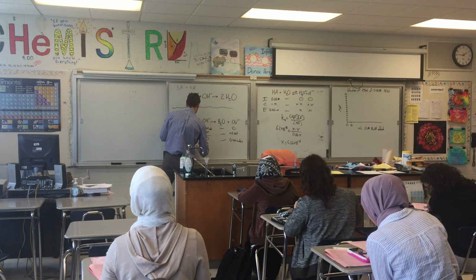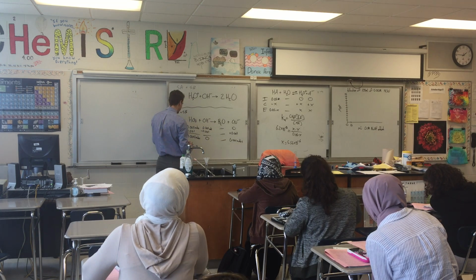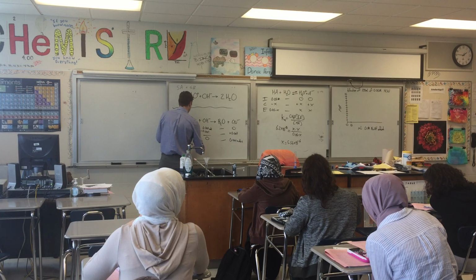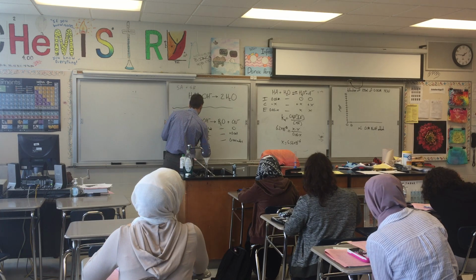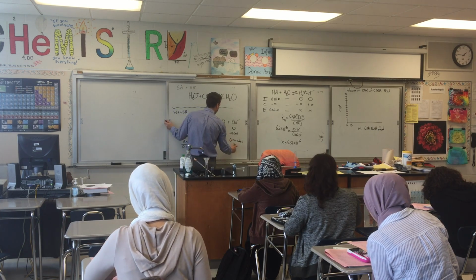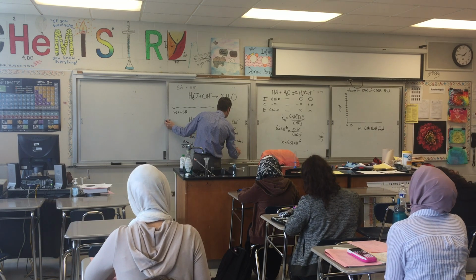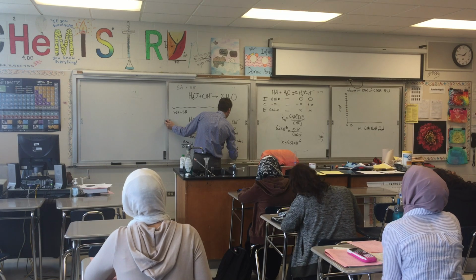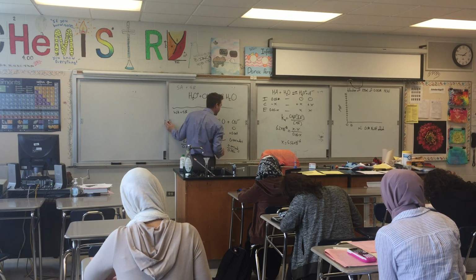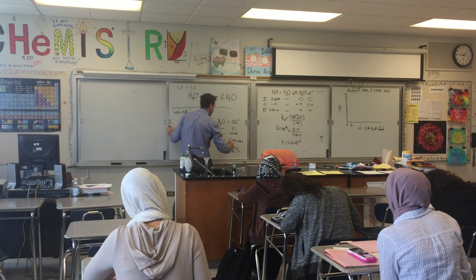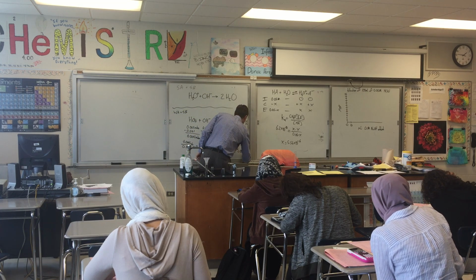That gives 0.036. Okay, don't forget about CN minus. We got 0.001 moles of that in 0.110 liters. That gives us 0.009 molar CN minus.